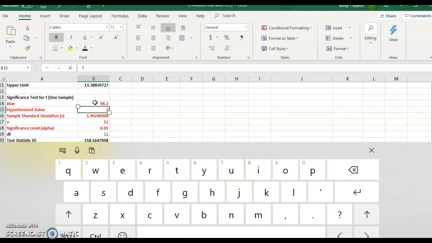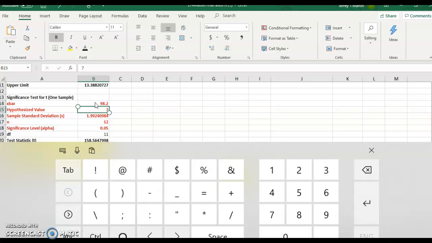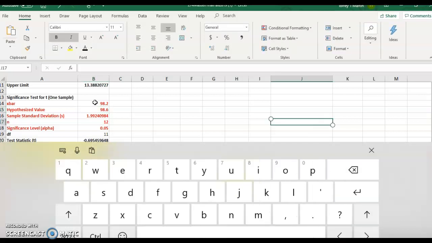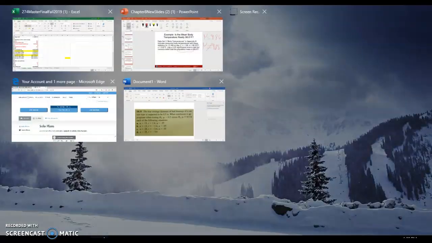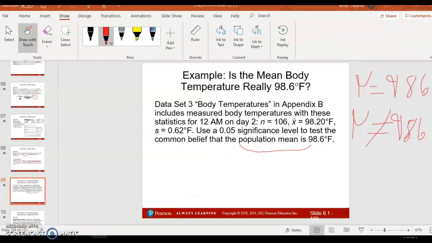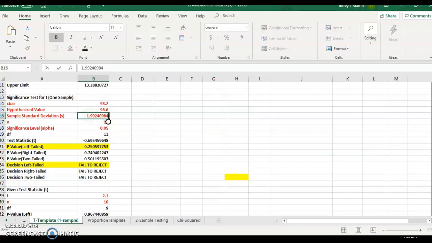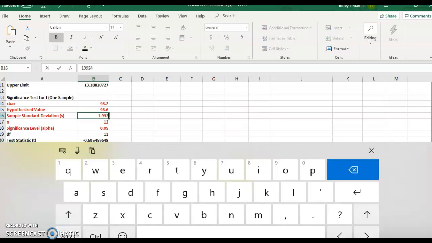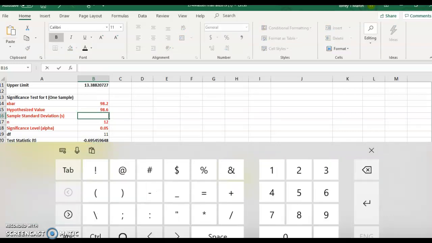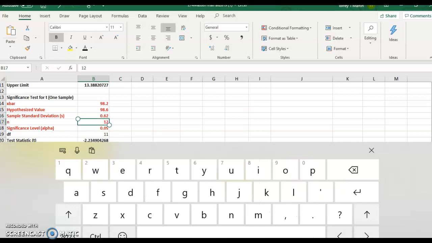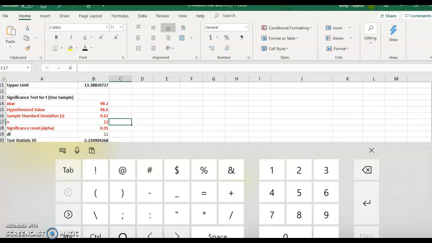Our hypothesized mean is going to be, I think it's 98.6. I'm just going to pop back out of here really quick just to double check myself. Yeah, 98.6. Our sample deviation is going to be 0.62, and my N is 106. Now I'm going to keep the significance level.